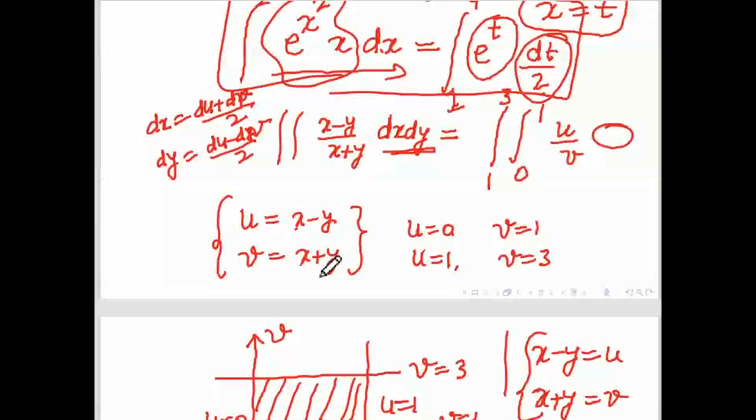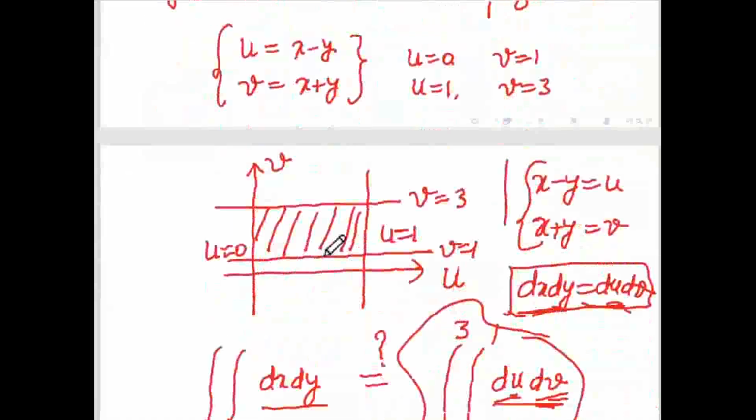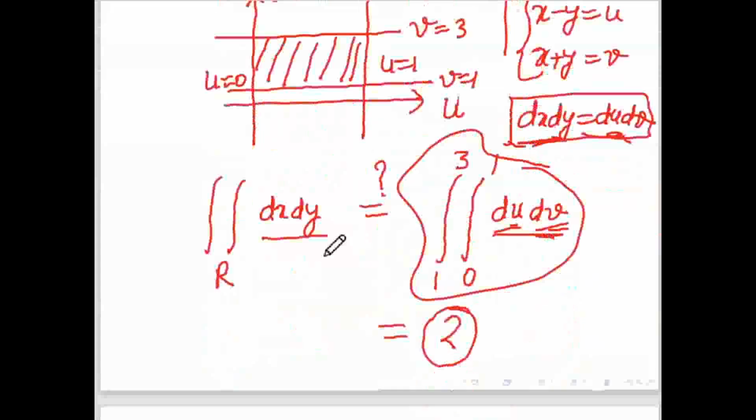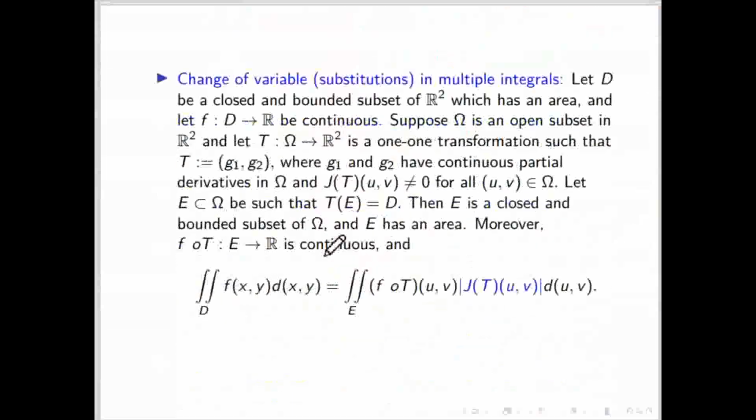That means you cannot solve these two equations for x and y. If the Jacobian is 0, you can go from the domain x, y to u, v, but you cannot go back from u, v to x, y. If the Jacobian is non-zero, then you can go both sides. That means the transformation is invertible. So that's why this Jacobian is required.